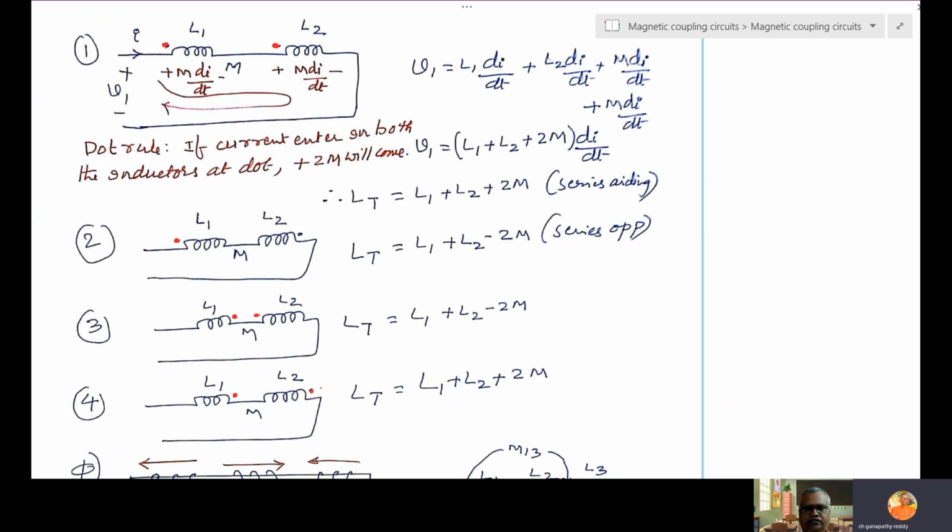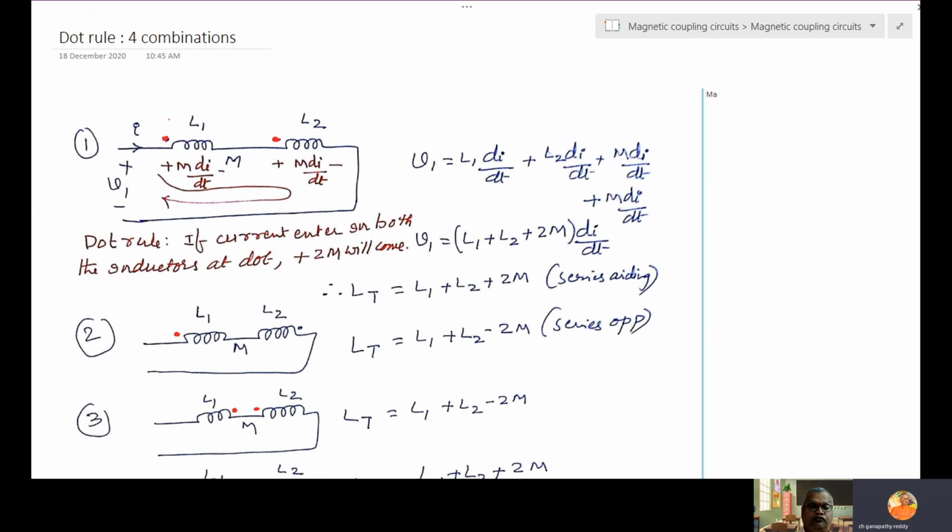So in these four cases, what is L equivalent? For the first case I have given the derivation; for the second, third and fourth, the answers are directly given. To find L equivalent, we always assume some current is entering. So I we are sending, that is entering at the dot, then sensing at the dot. Here I is entering at the dot, sensing at the dot. So entering at dot, sensing at dot is plus.